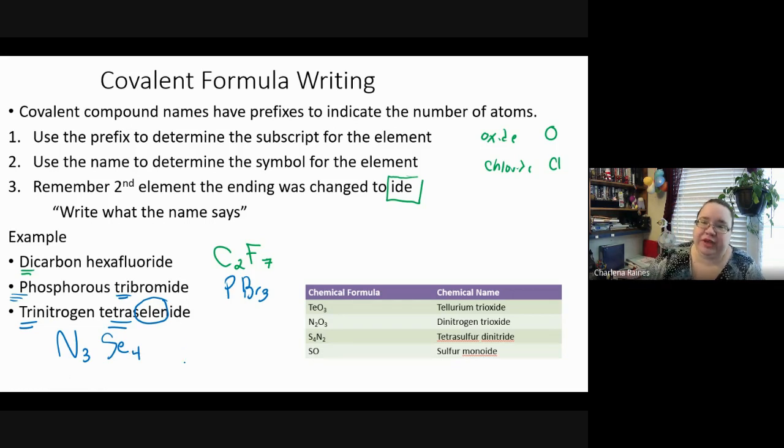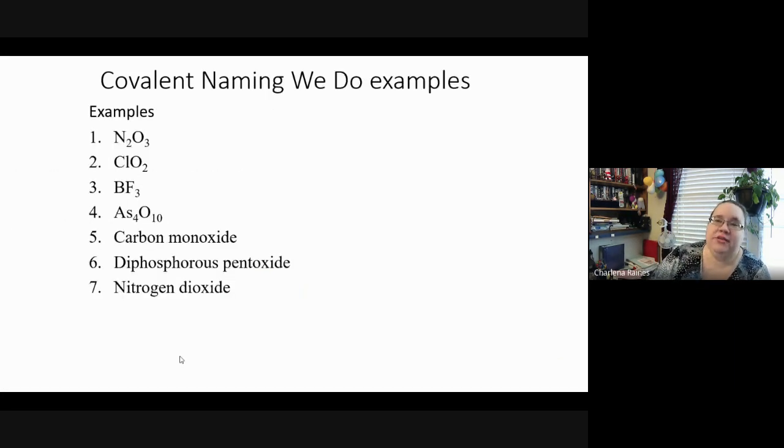So N3Se4. Okay, so pause the video, see if you can write the names or the formulas for the examples on the screen. Remember, I'm not going to count off for little spelling mistakes. So little bitty issues, not a big deal.